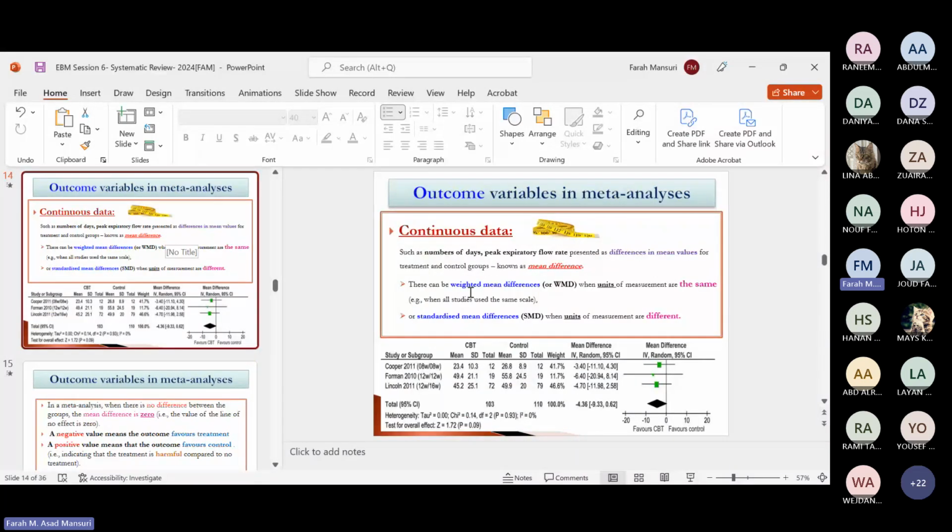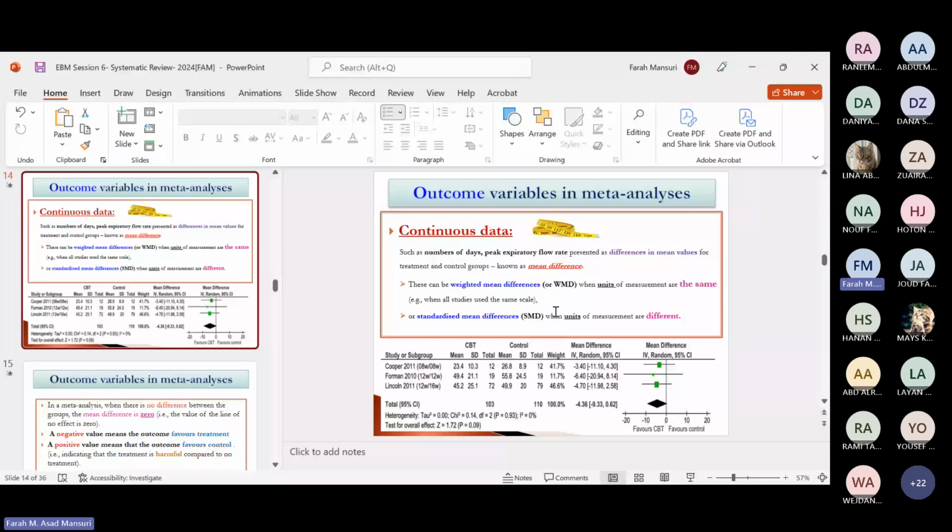Now about the continuous data, it is in the form of mean difference, because we look in the meta-analysis for the weighted mean difference when the units of measurement are the same. Or it can be the standardized mean difference when the units of measurement are different.